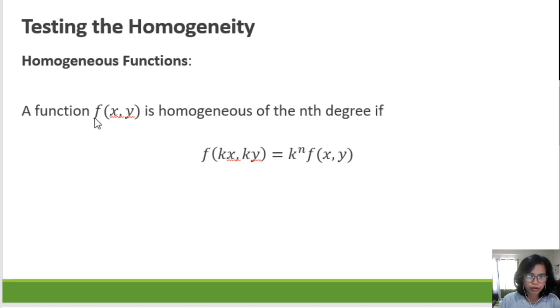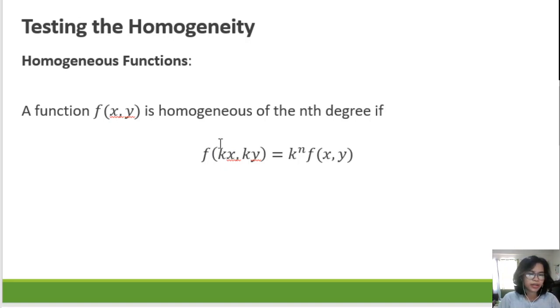You have the original function f of x and y, and if you substitute all the x with kx and all the y with ky, and after doing that you can factor out k raised to n, and the remaining is the original equation, then your original equation is a homogeneous function of the nth degree, the exponent of your k.